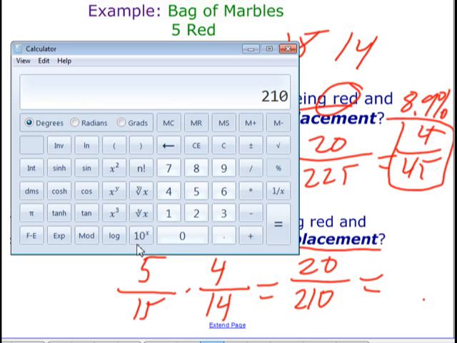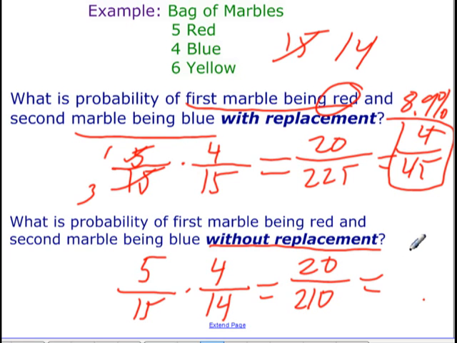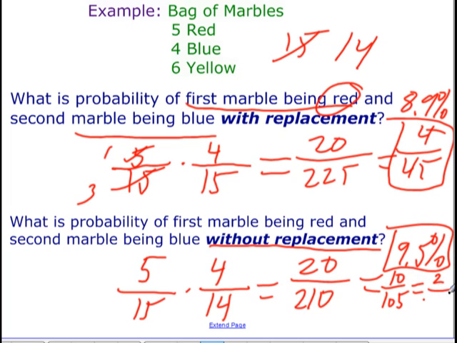If you wanted to calculate that, it's 20 divided by 210, which is about 9.5%, which would be one way to write your answer. But if I'm just reducing that, that's 10 out of 105. 5 goes into 10 twice. 5 goes into 105 21 times. So 2 out of 21. And that's it. That is probability day 2. Good luck. Thanks.